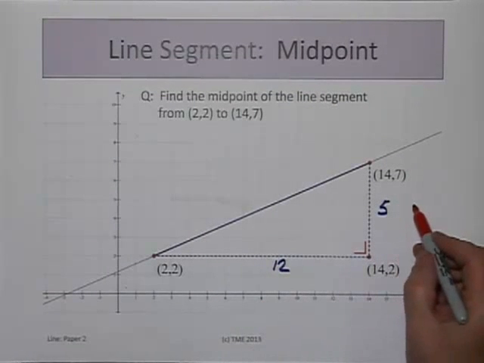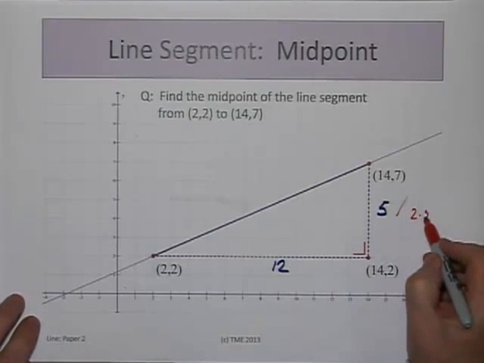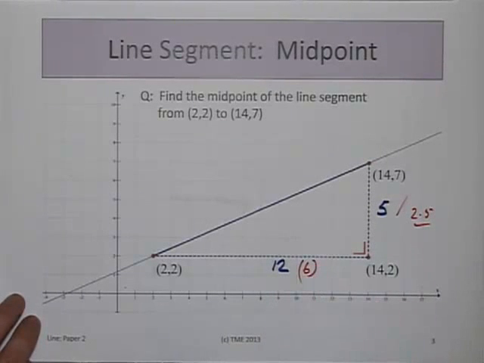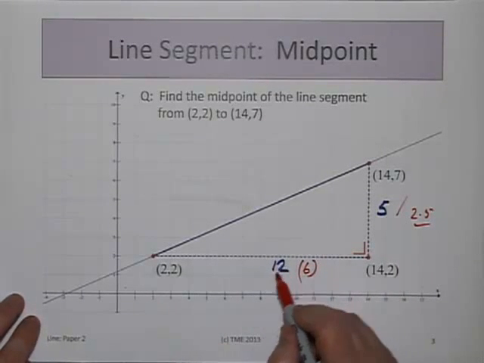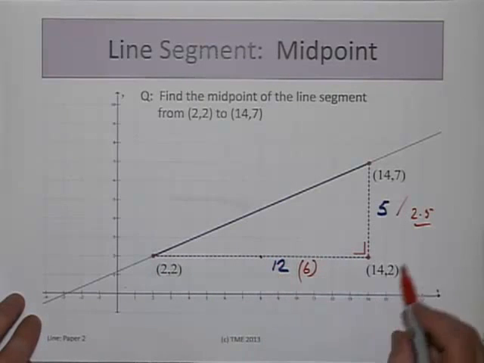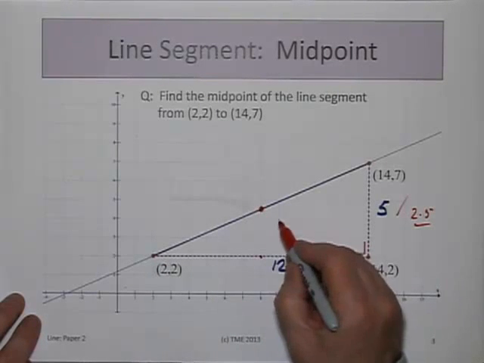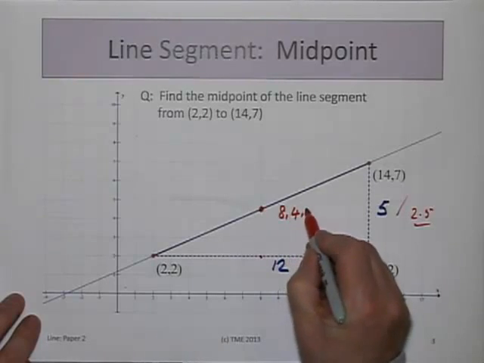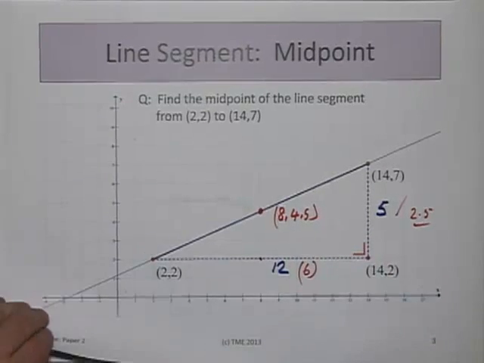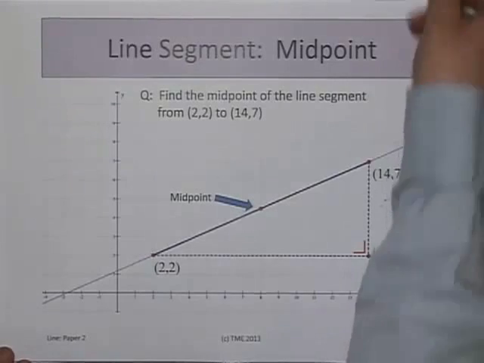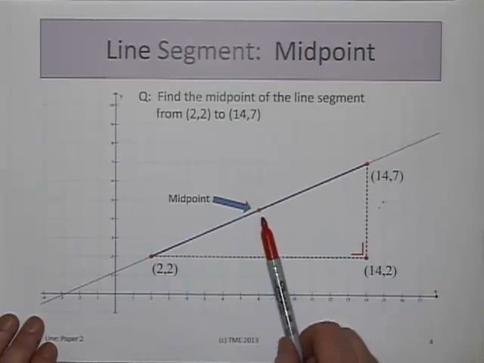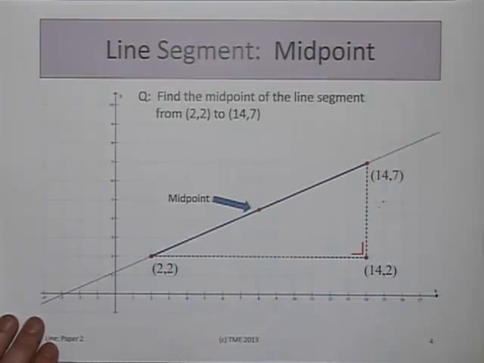And half of that would be 2.5. So 2.5 would be halfway, and this would be 6. And if we went out halfway to 2 plus 6 would be 8. And if we went up halfway, we'd end up here at 8, 4.5. And we can see that on our midpoint here, that the midpoint of this segment is going to end up about there. Now, how do we get it mathematically?